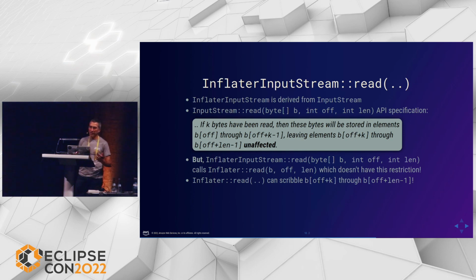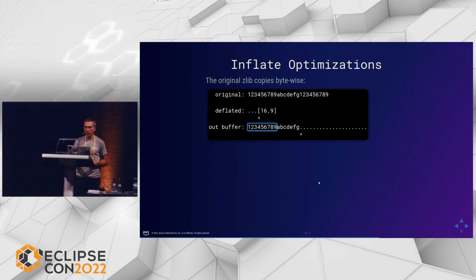But Inflater.read is actually free to scribble, to use the additional place in the output buffer, which is not occupied by the inflated bytes, as a scratch buffer. So with the original zlib, that never happened. But newer optimized versions of zlib do this. And why they do this will be demonstrated here.